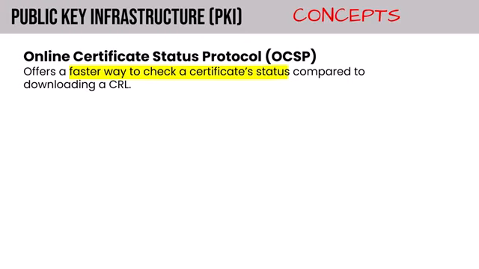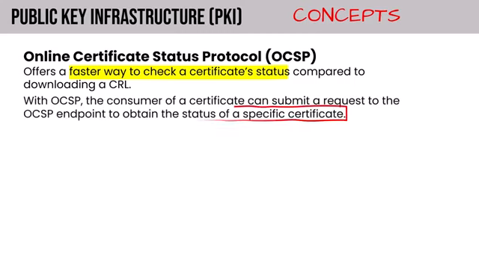The benefit of Online Certificate Status Protocol is that it offers a faster way to check a certificate status compared to downloading a CRL, which contains a list of all the certificates that have been revoked in that organization, and that list can grow quite long. So it's not great performance.